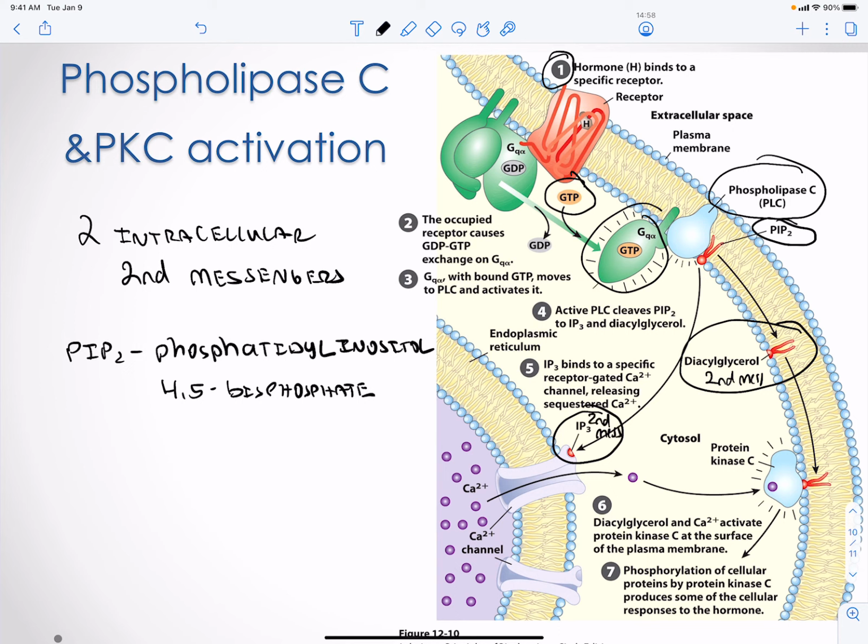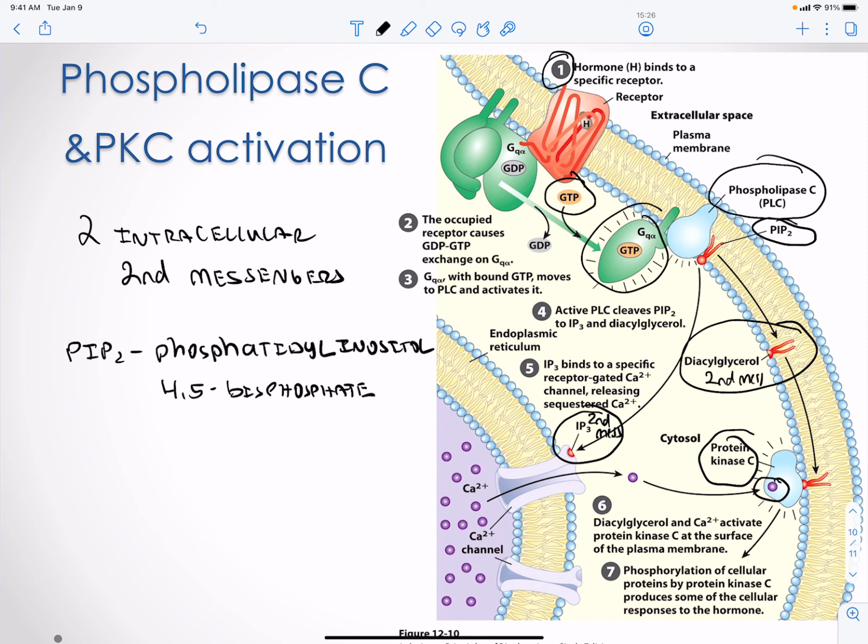And so IP3 is going to be able to open your calcium channels, and diacylglycerol is going to be important in activating protein kinase C. Protein kinase C activation by diacylglycerol and calcium, which is caused by IP3, are going to lead to more cellular responses.